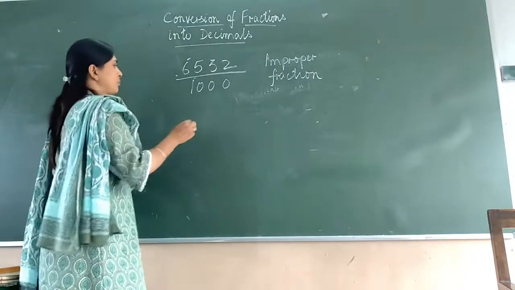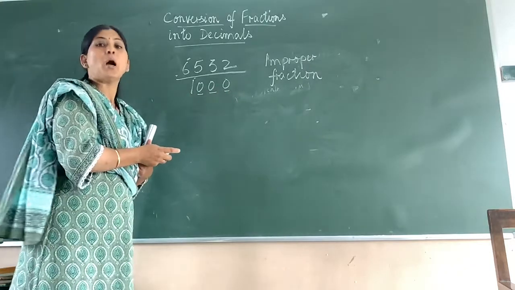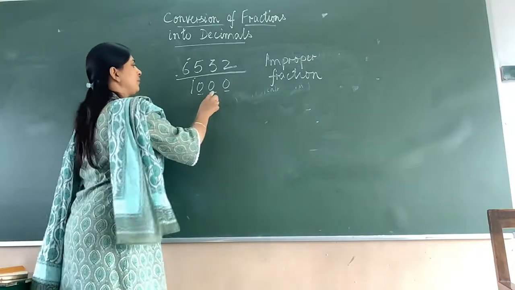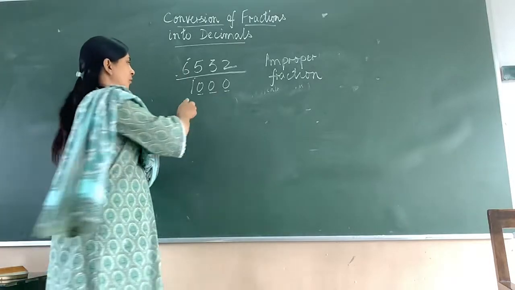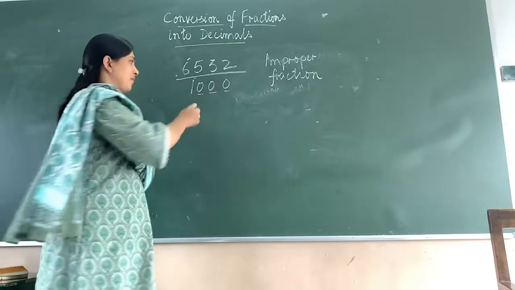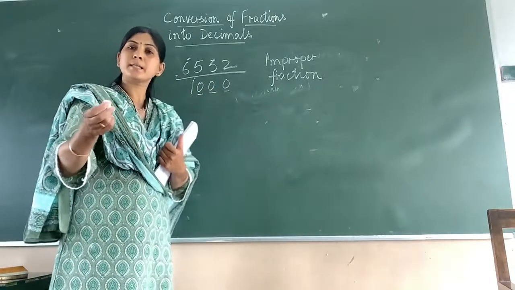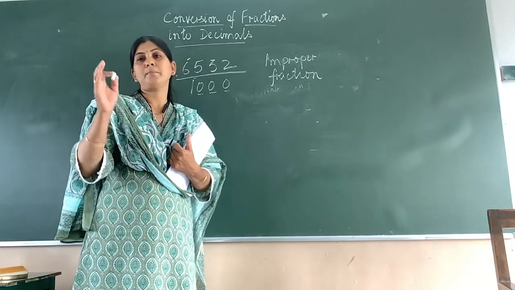Now how will we do this? Now see, how many zeros follow 1? There are 3 zeros that follow 1. So that means there will be 3 digits after the decimal point.